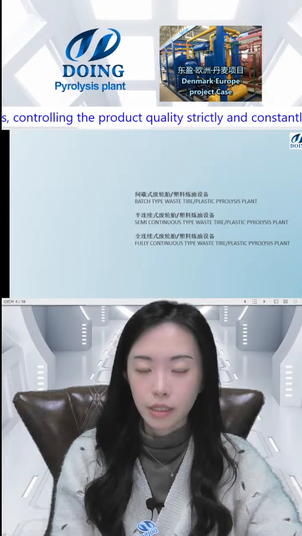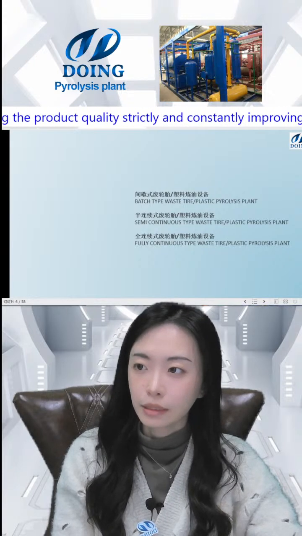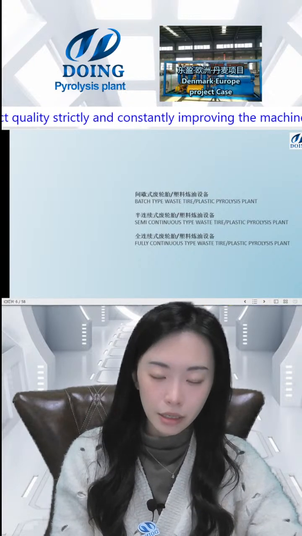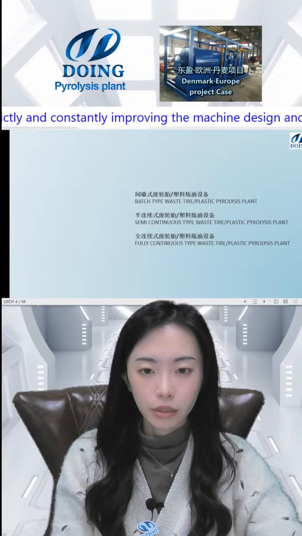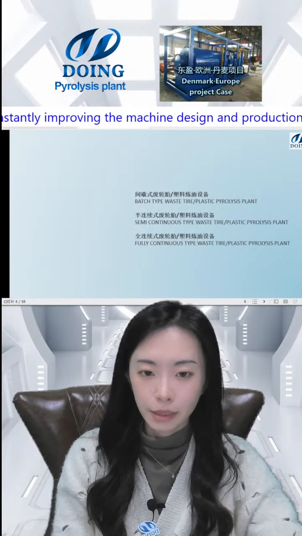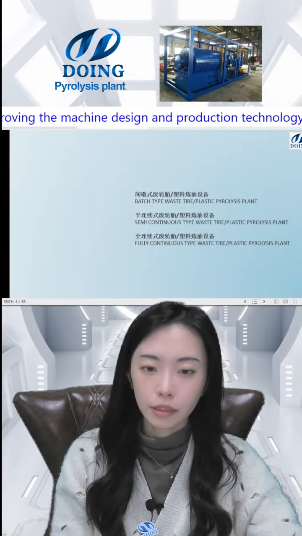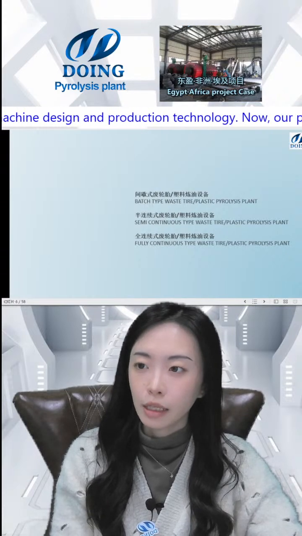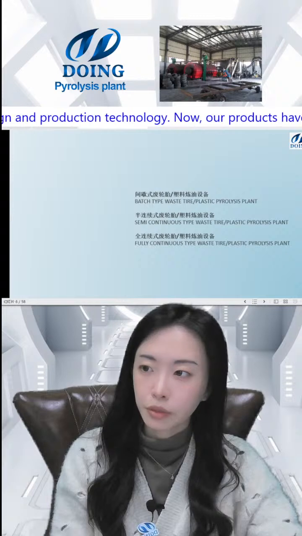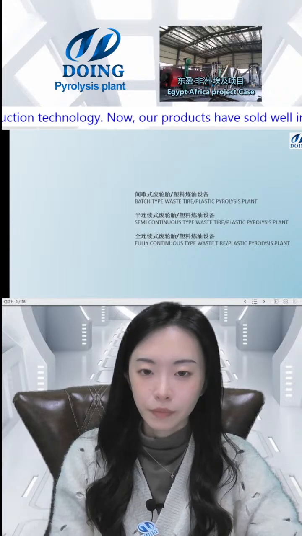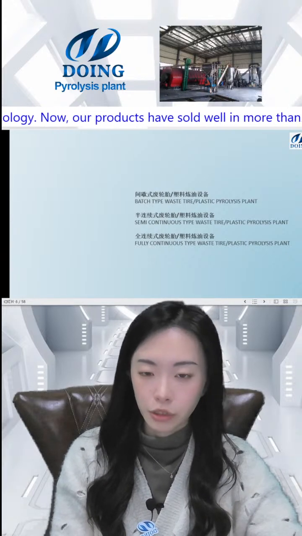And these are the three kinds of equipment we have. The first is the batch type pyrolysis plant for waste tire, waste plastic, oil sludge, coal tar oil sludge, aluminium plastic, and other different kinds of materials. The second is the semi-continuous pyrolysis plant, which can process 3 batches in 2 days.